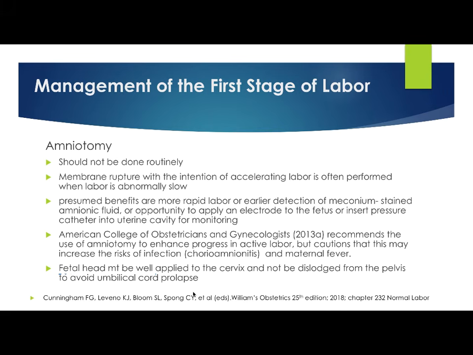The ACOG in 2013 recommends the use of amniotomy to enhance progress in active labor, but they caution that this may increase the risk of infection or chorioamnionitis and maternal fever. Fetal head must be well applied to the cervix and not be dislodged from the pelvis to avoid umbilical cord prolapse.